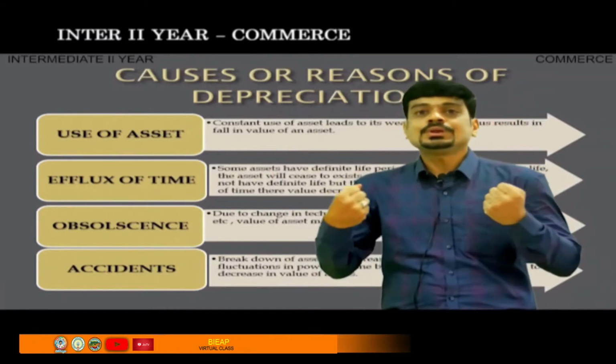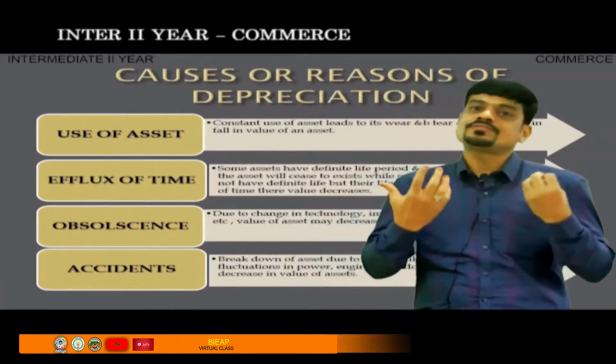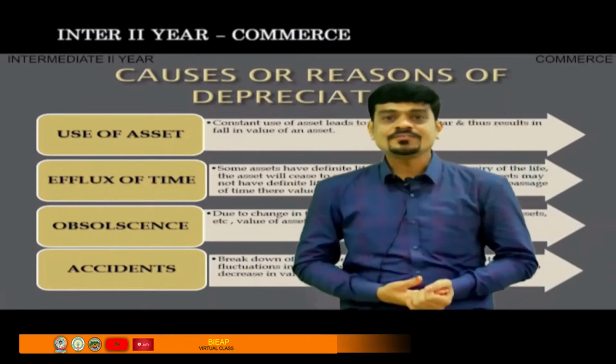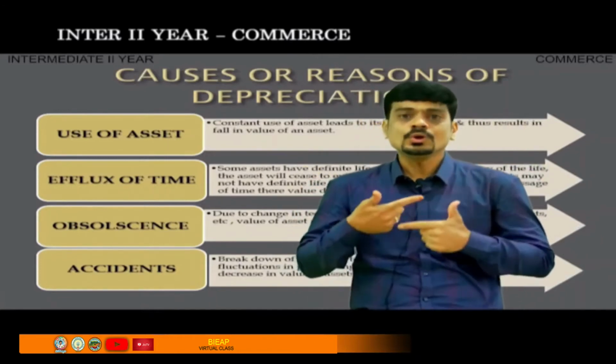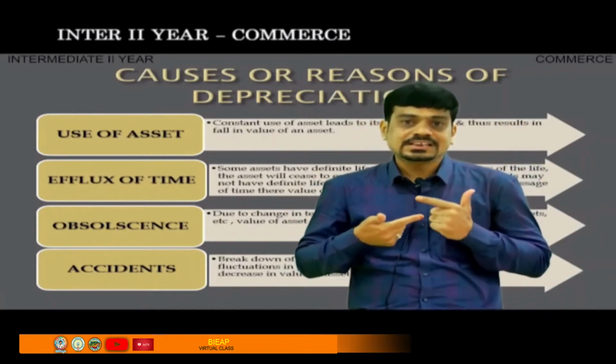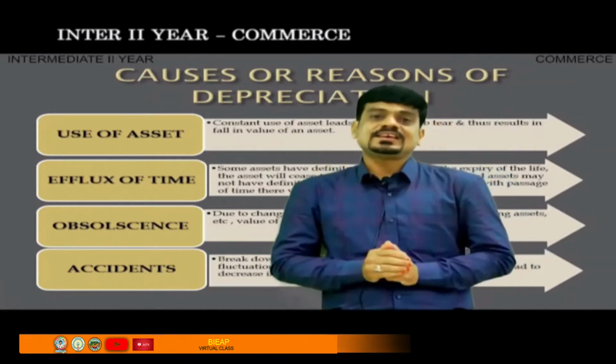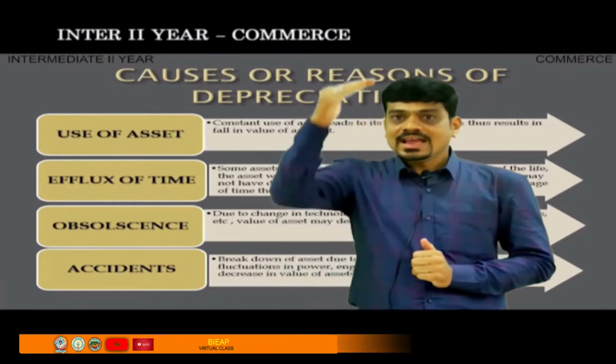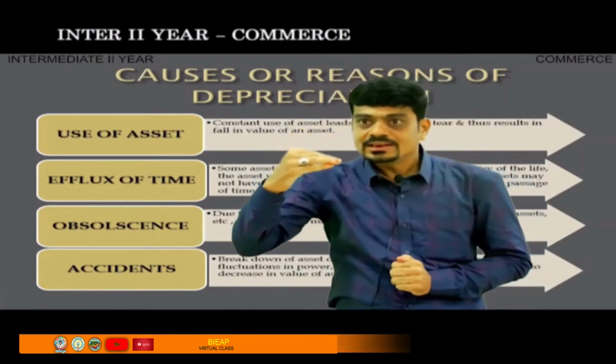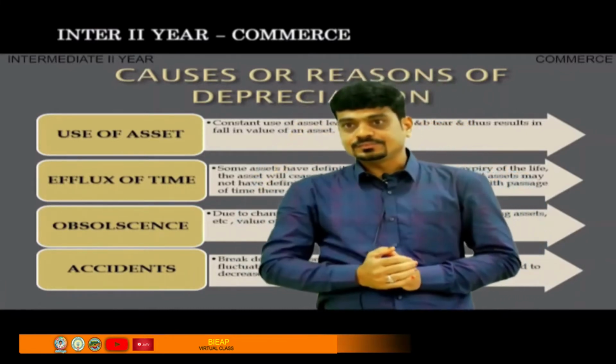No, we are going to wear it. Whether you buy a shirt of 10,000 or a shirt of 100 rupees, you are going to use it constantly. So use of asset leads to wear and tear, and the value of the asset will deteriorate and decrease.